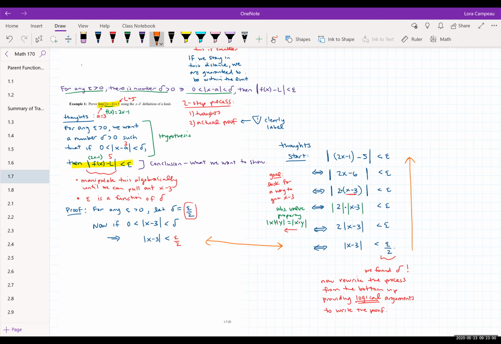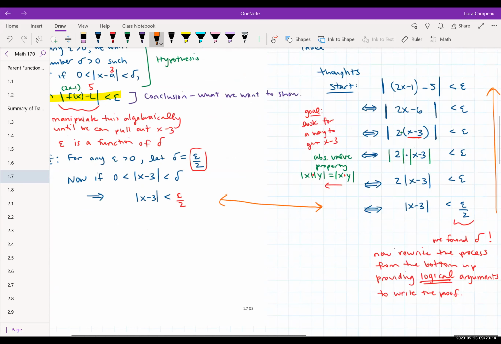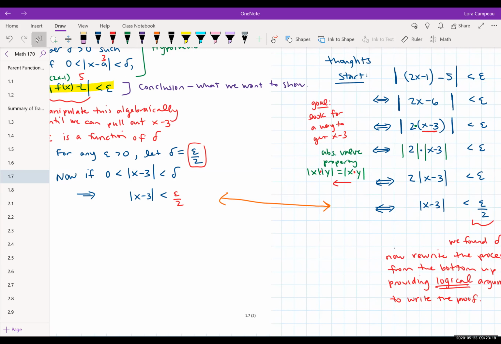So this is where we're saying, okay, how do we get epsilon by itself again? That's the second to last step. If I can, I'm going to open this up just a little bit more, just so that we can see our thoughts. You can multiply by 2 on both sides.